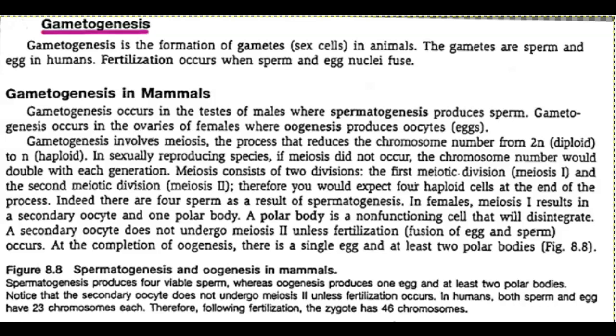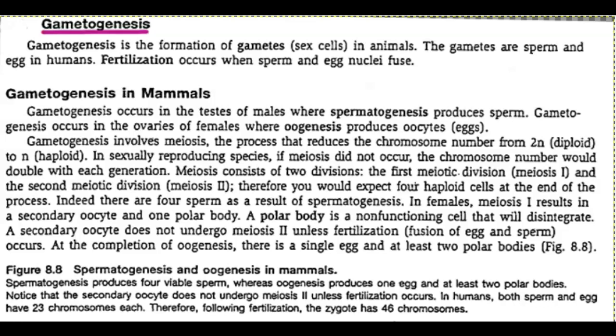Therefore, you would expect 4 haploid cells at the end of the process. Indeed, there are 4 sperm as a result of spermatogenesis. In females, meiosis 1 results in a secondary oocyte and one polar body. The polar body is a non-functioning cell that will disintegrate or remain attached.